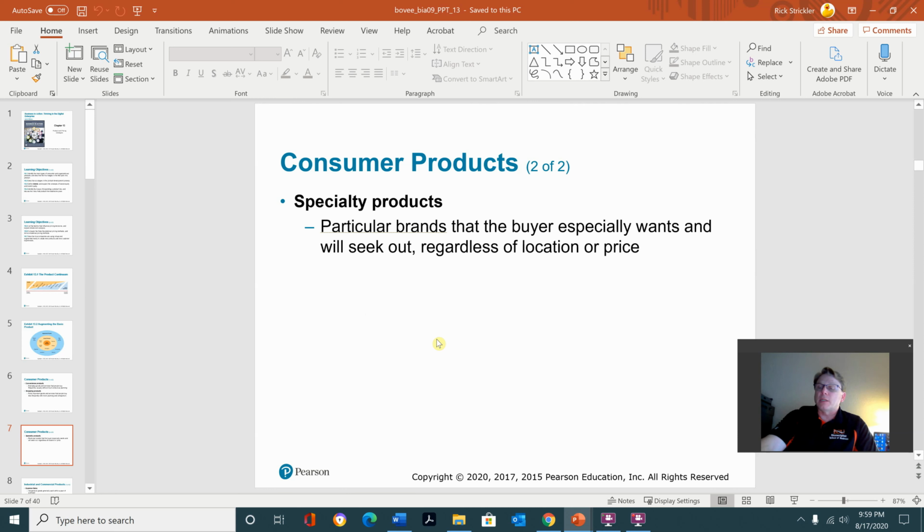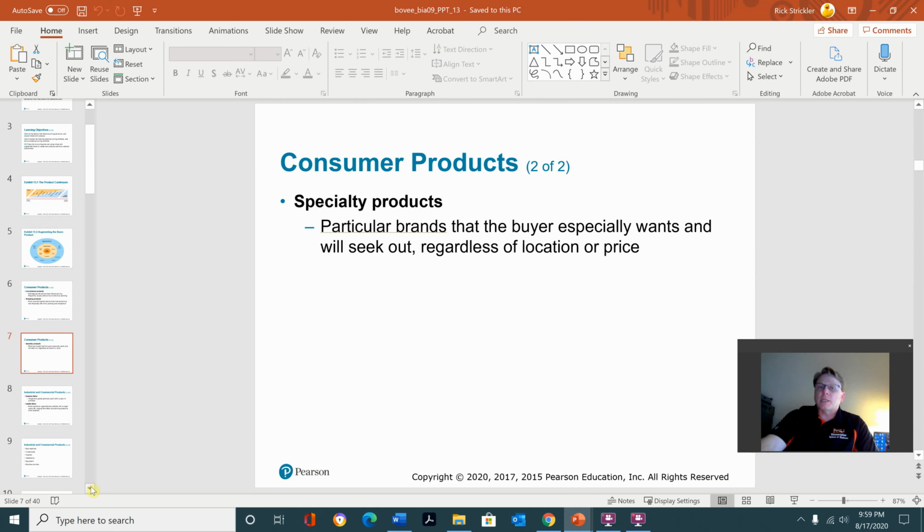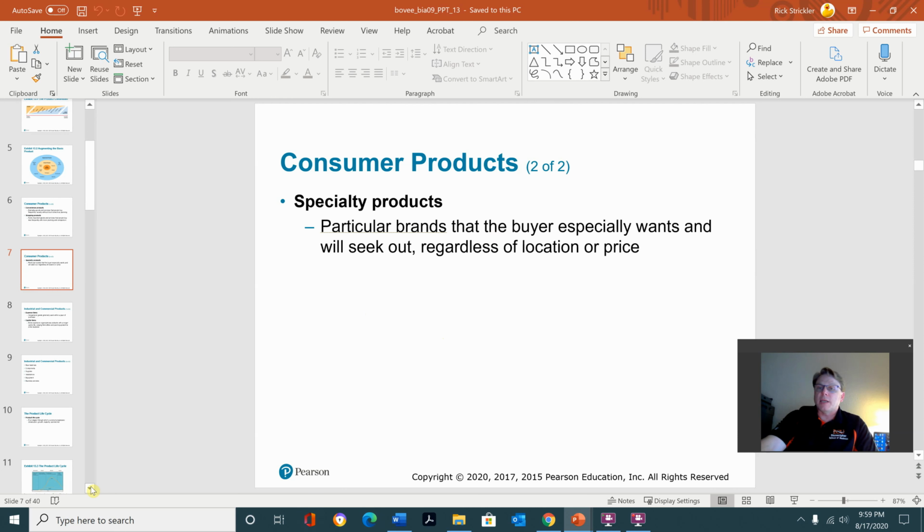So an Apple product, you'll find the closest Apple store so that you can get a Mac or another Apple product that you specifically want. And you don't care about the price, you're not haggling. Specialty products have very little negotiating, if any, involved.